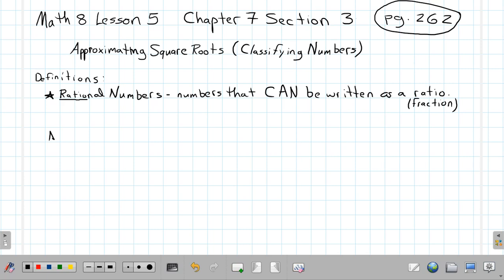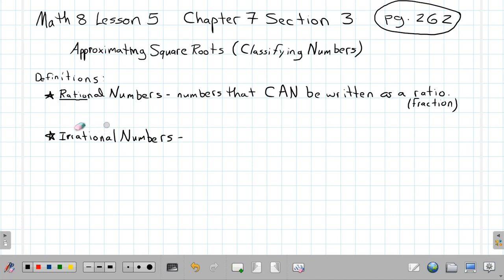Now, the next type of number that we've got to talk about is what we call irrational numbers. Before we even get into the actual definition, let's take a look at this word irrational.